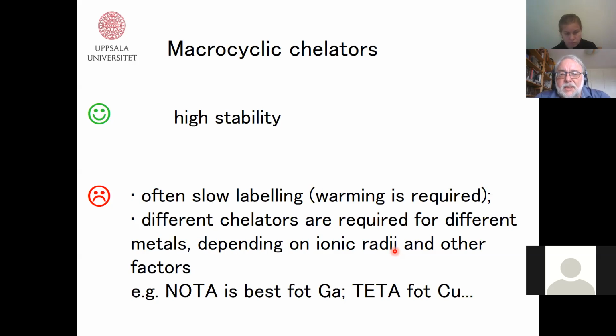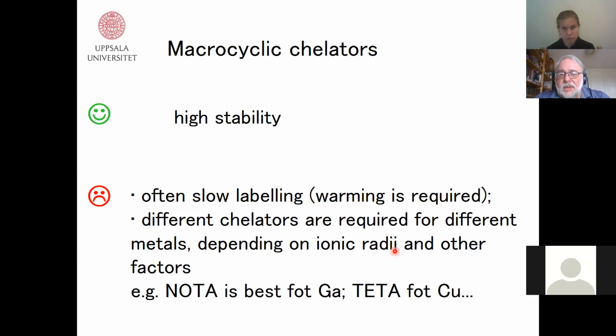But if you take, for example, an antibody, the warming might be associated with the risk of denaturing. Generally, no one dares to warm an antibody solution to higher than 40, 42 degrees centigrade. So this is one of the limitations of macrocyclic chelators.